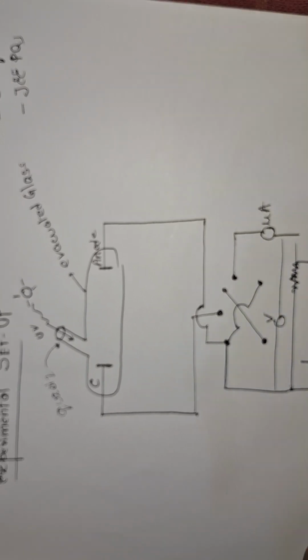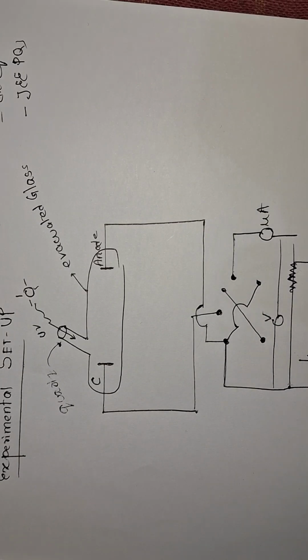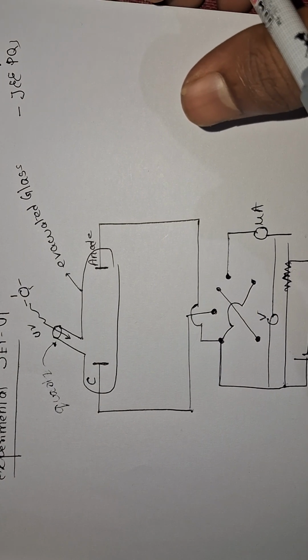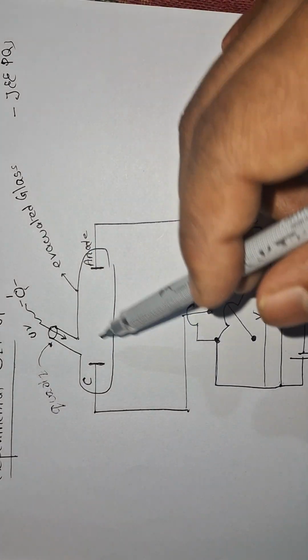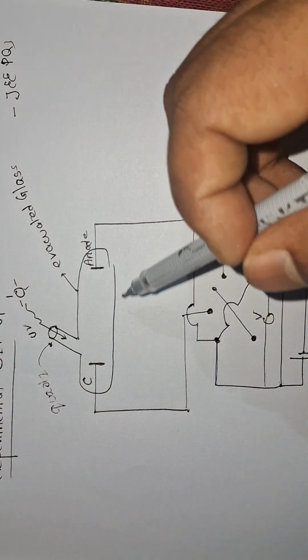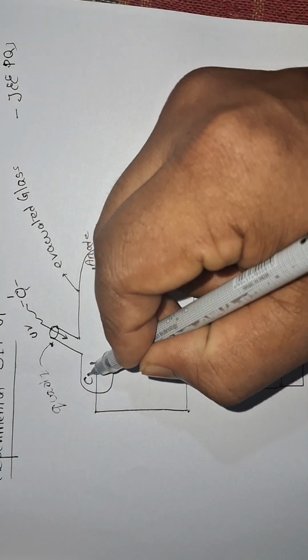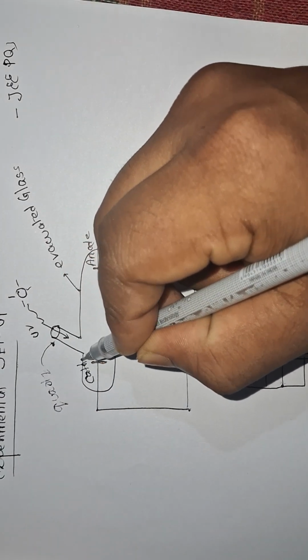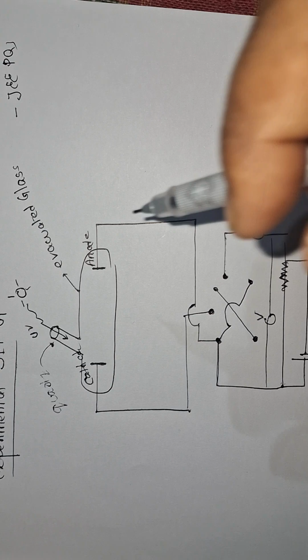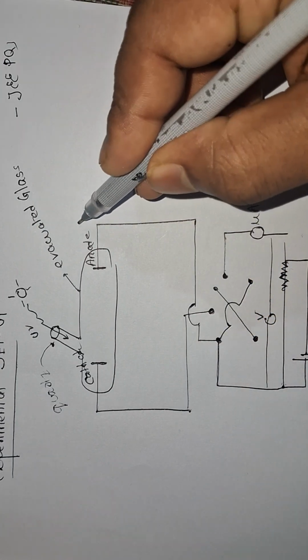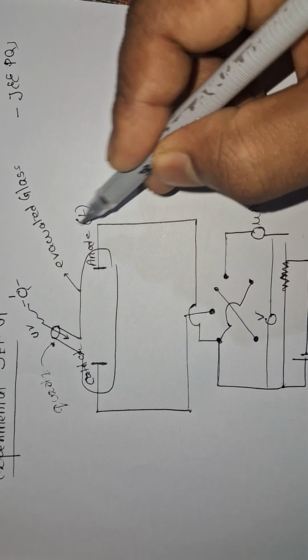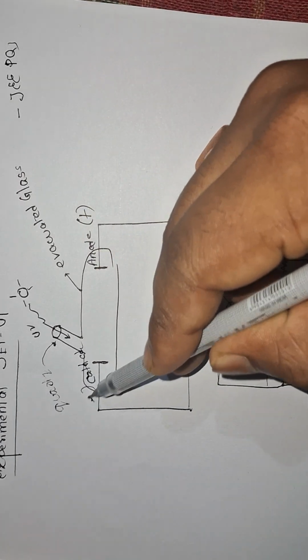In this experimental setup, this is an evacuated glass tube. In this evacuated glass there are two metallic contacts, one called the cathode and another, as you can see, the anode. Initially the anode is kept at a positive potential compared to the cathode.